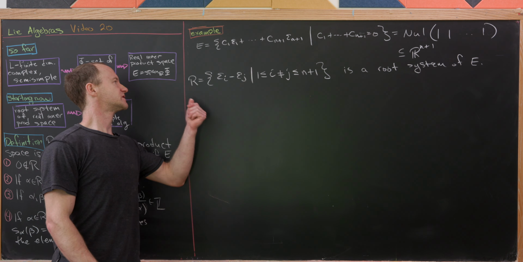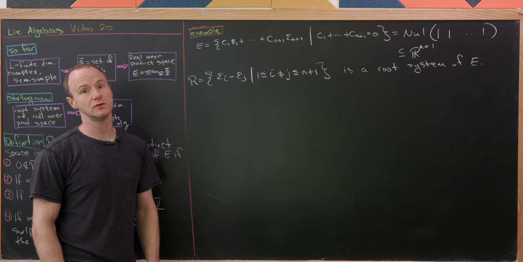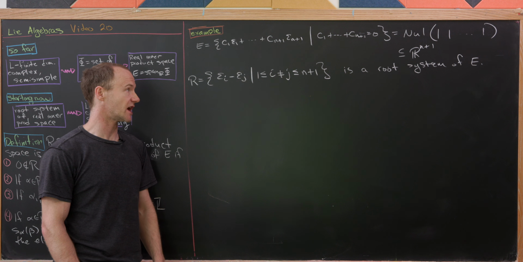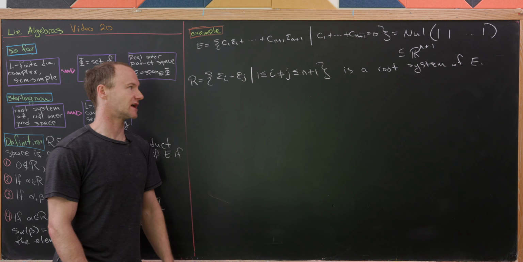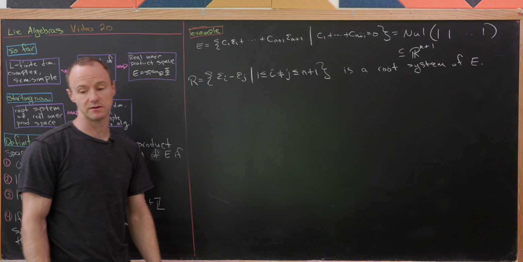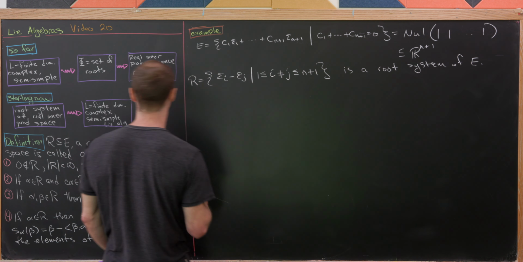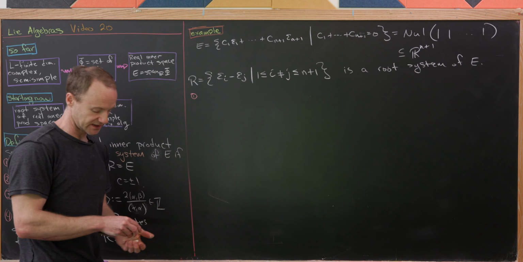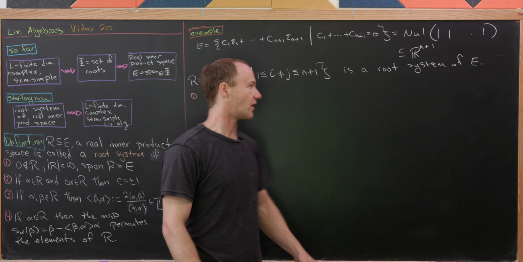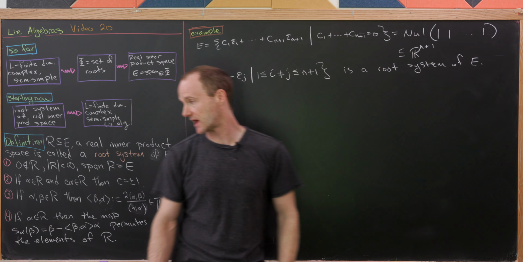Okay, great. So now let's let R be the difference of 2 of these standard basis vectors. So in other words, epsilon i minus epsilon j, as long as i is not equal to j. And what we'll do is show that this is in fact a root system of E. So let's just go through these axioms over here. So let's see, 1. Well, 0 is not inside of R. That's pretty clear because we're assuming that i is not equal to j.